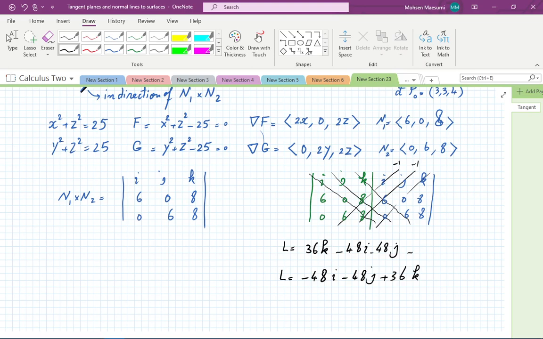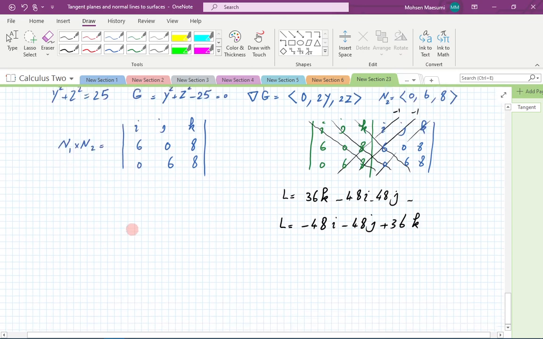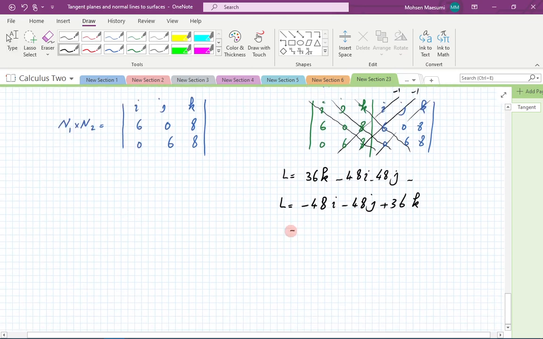Okay, the line that is tangent to both of them is in this direction. If you want to make it simpler for yourself, you can, for example, divide this by the common factor. For example, you can factor a 12 out of it, make your numbers a little bit more reasonable, like 12 times minus 4i minus 4j plus 3k. Then you can talk about this as the direction. Smaller numbers are more understandable as to what's happening.